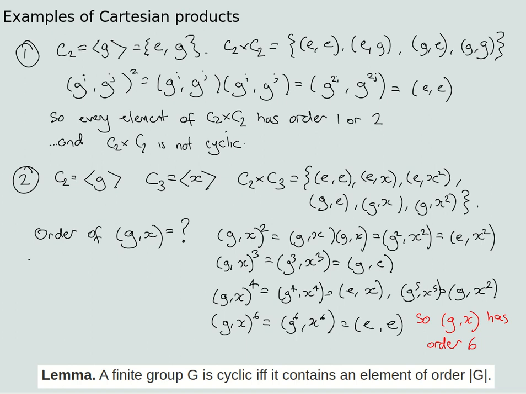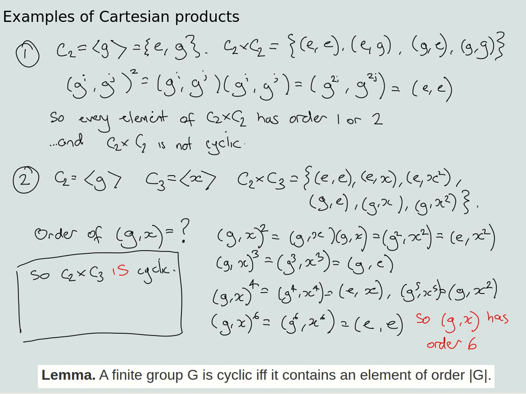Okay, so this group is cyclic. We found that C2 cross C3 contains an element whose order is the same as the size of the whole group, namely 6. C2 cross C3 then is cyclic.